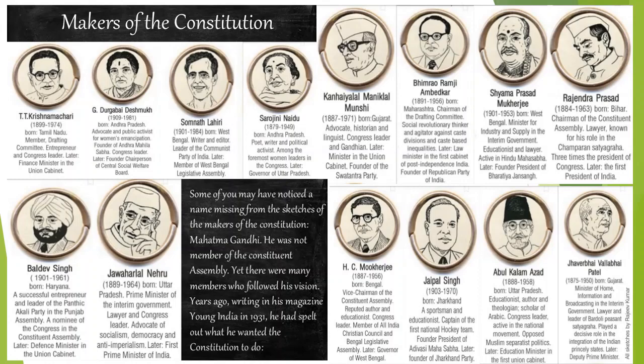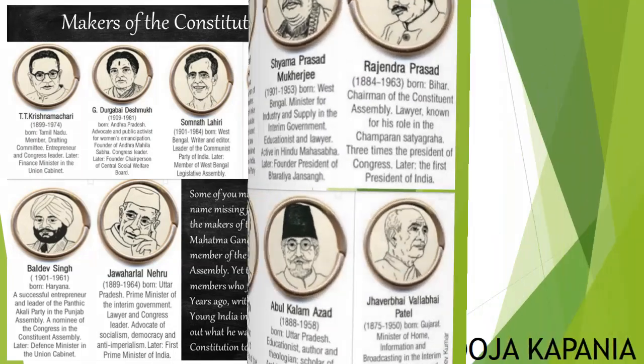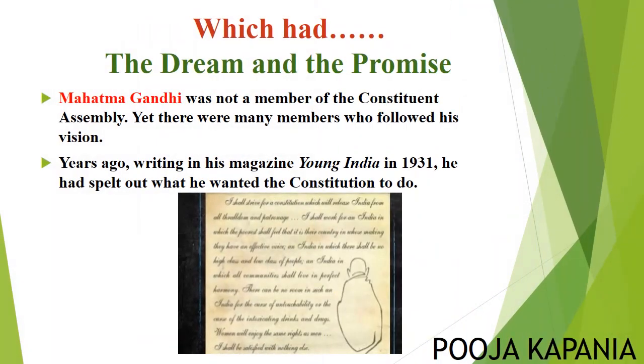In this slide, I introduce you to the eminent makers of the Constitution. Some of you may have noticed a name missing from the sketches of the makers of the Constitution: Mahatma Gandhi. Mahatma Gandhi was the man who had the dream and the promise.